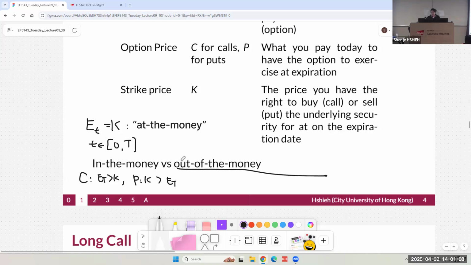Out of the money means that you would yield nothing, right? You would not exercise. And so for call, that would be K is greater than ET. And for put, that would be ET greater than K. Sorry, I shouldn't be using capital T. I should be using small t.